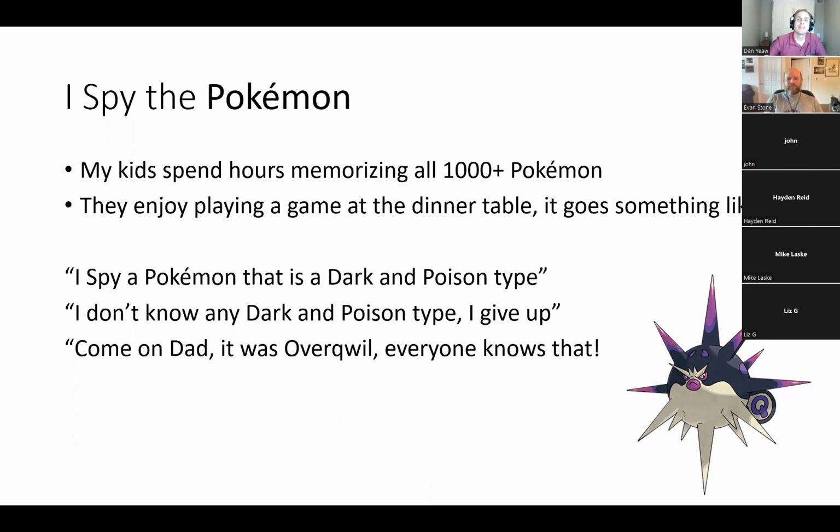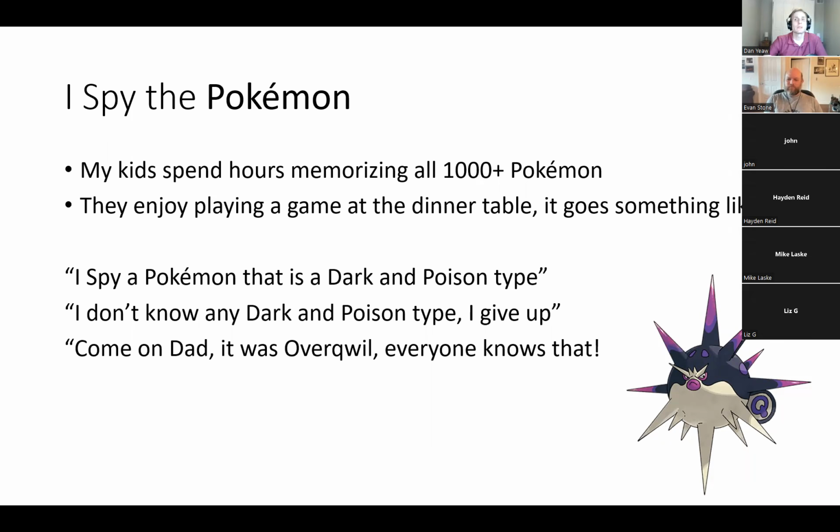And so often I'm sitting at the dinner table with them, and they want to play this game that goes something like, I spy a Pokemon that is dark and poison type. And I have no idea. So I just say, I don't know any dark and poison types. I give up. If it's not like Pikachu or Rowlet or someone, I don't know. And then my kids, of course, say, oh, Dad, come on. It was Overquill. Everyone knows dark and poison types.